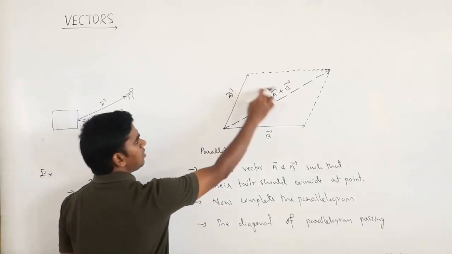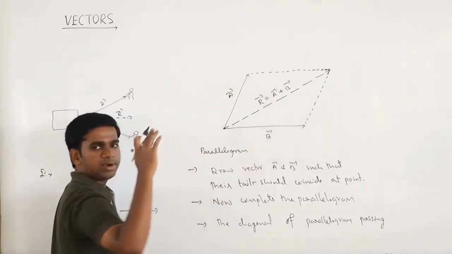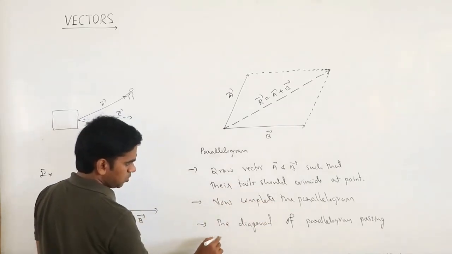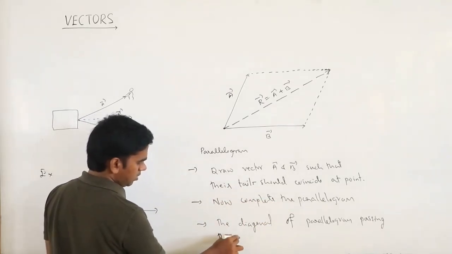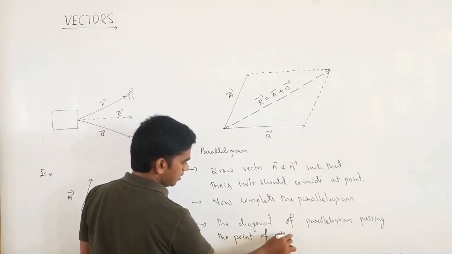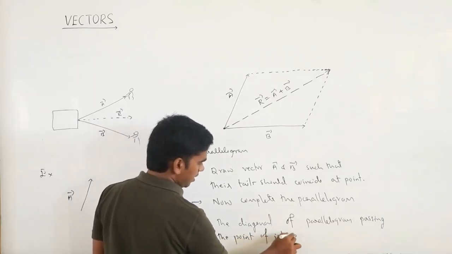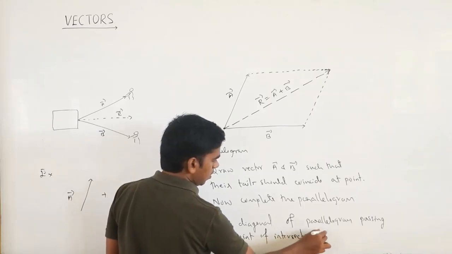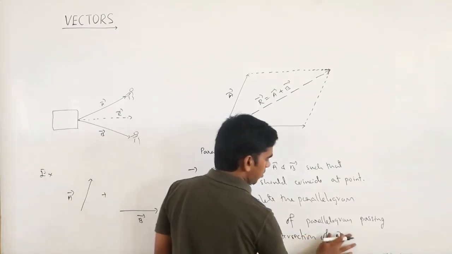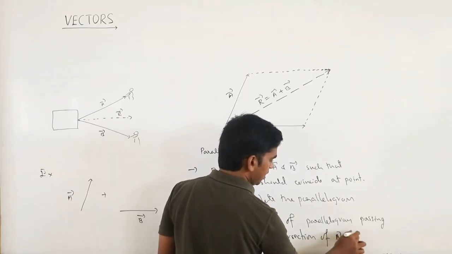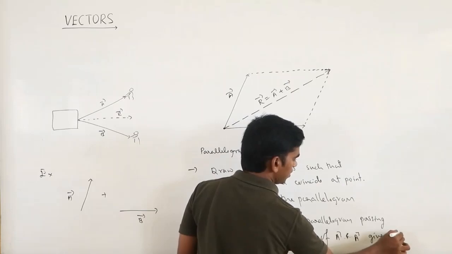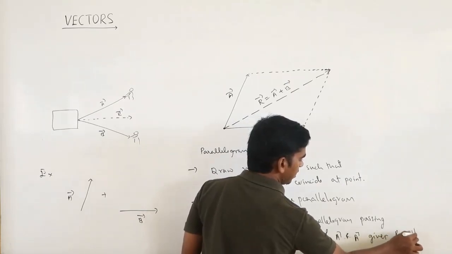Because one more diagonal will come here, that diagonal will not be our resultant. Only this diagonal which is passing through the point of intersection of vector A and B gives what? Gives the resultant.